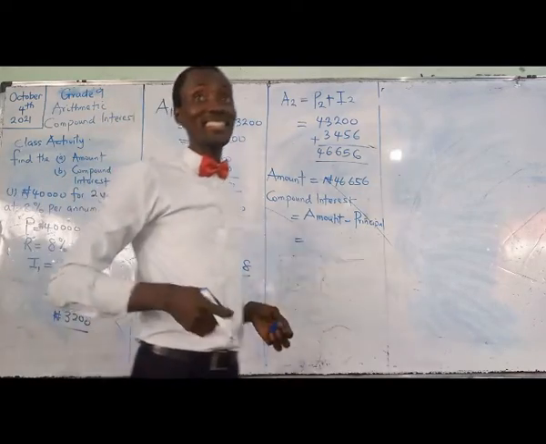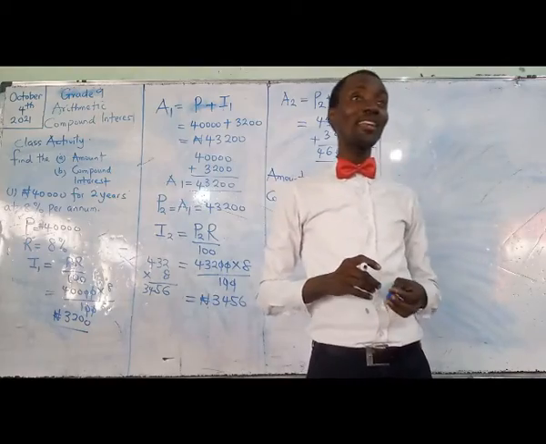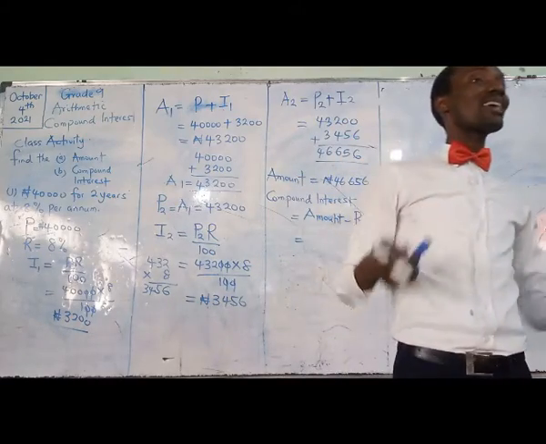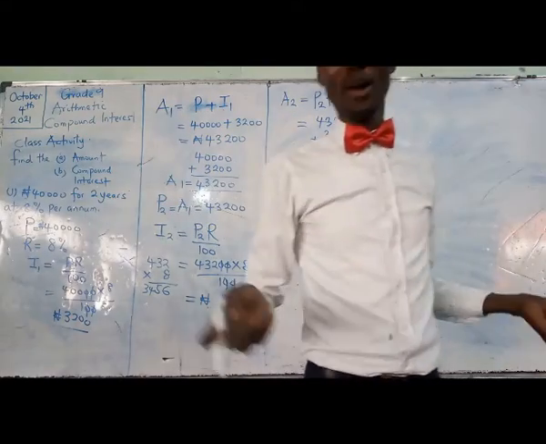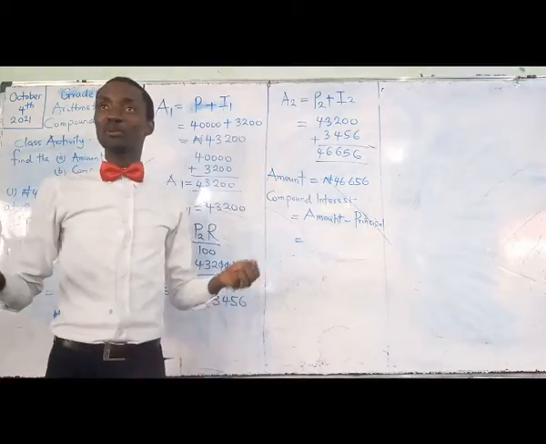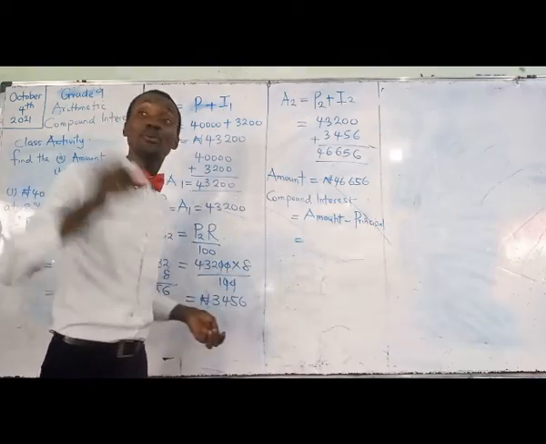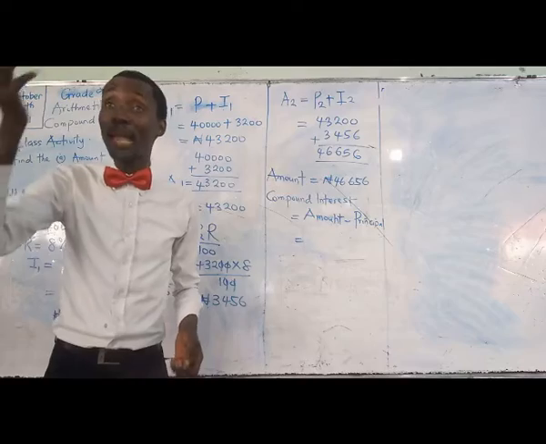In order not to forget this, just remember that the compound interest is simply: what is the amount? Remove the principal. What is the amount? Remove the principal. So I imagine I am blind.